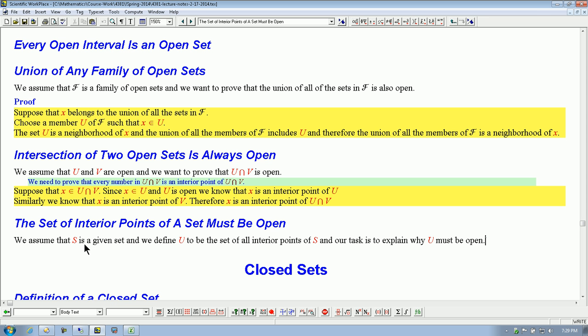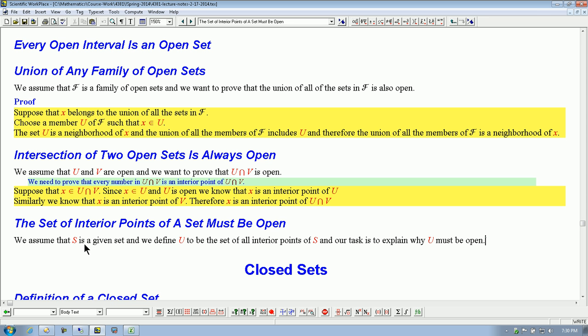Could be empty even. But the empty set's open. The empty set is open. It's worth commenting about that. Actually, the empty set's a rather boring example of an open interval. But that's perhaps too cowardly to say it that way.